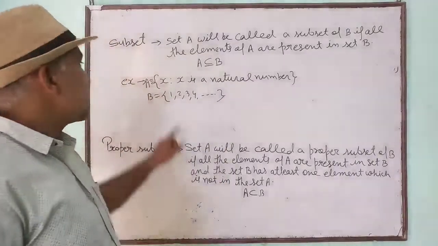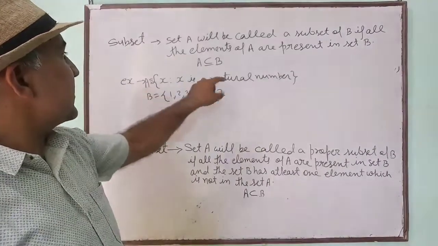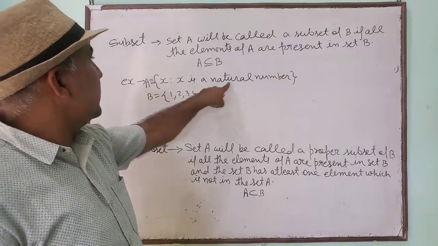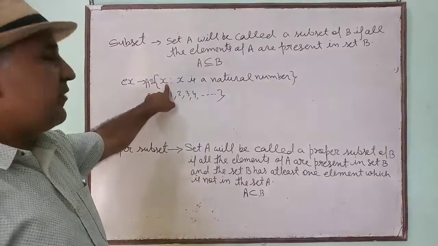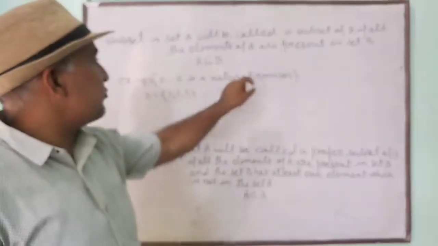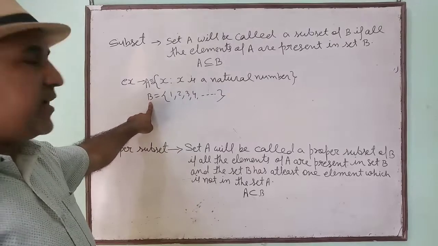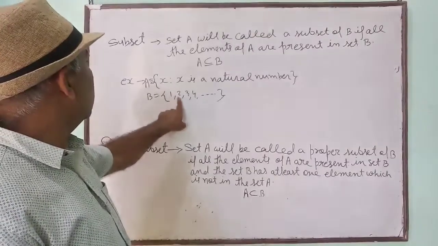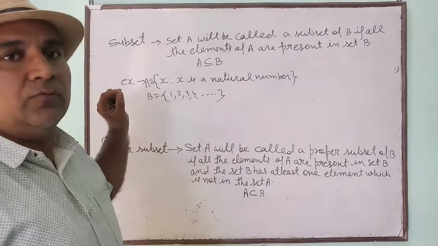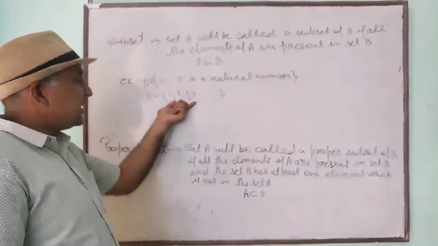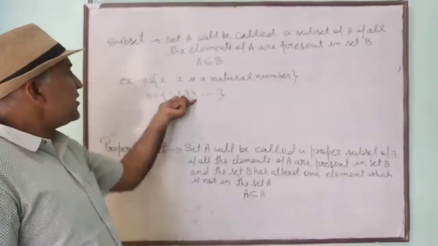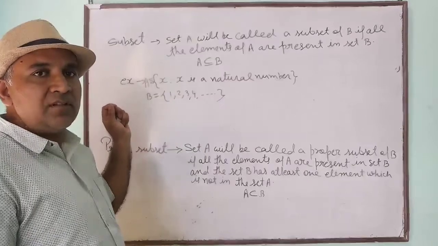See the example. Here, set A is written in the set builder form: variable X, where X is a natural number, and another set is B, which has the elements 1, 2, 3, 4, 5 and so on. You are watching that these are also natural numbers.